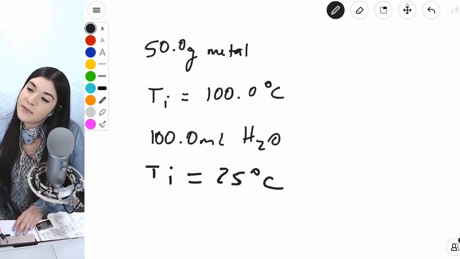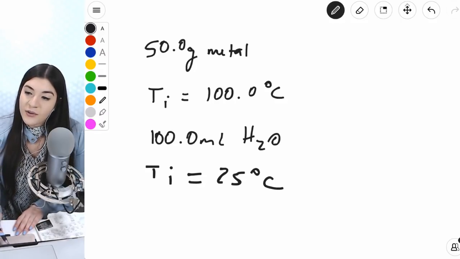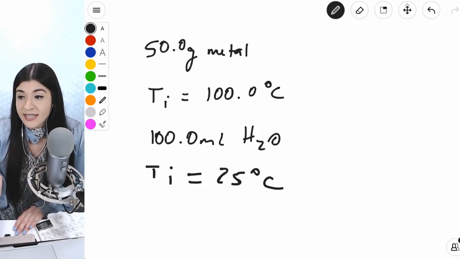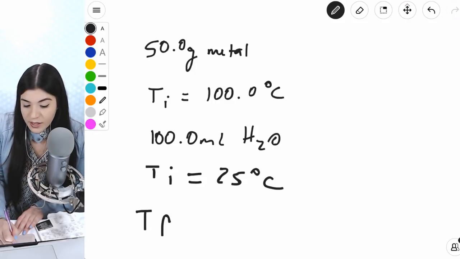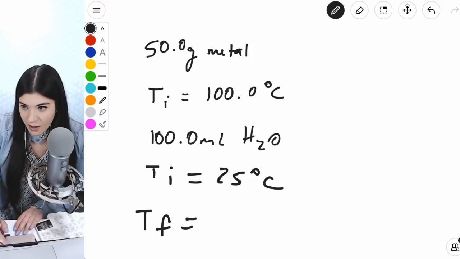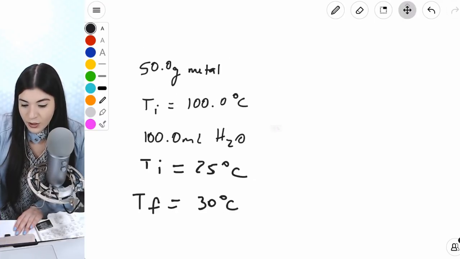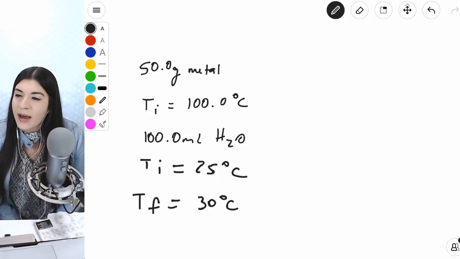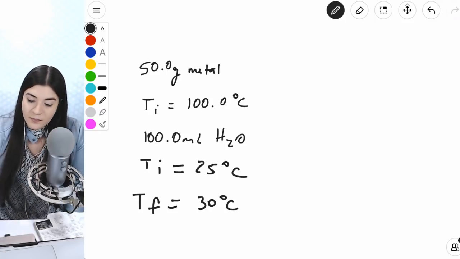What is the specific heat capacity if the final temperature of both the metal and the water, so our final temperature is going to be the same, is 30 degrees Celsius? We're looking for the specific heat capacity of the metal, I'm assuming.